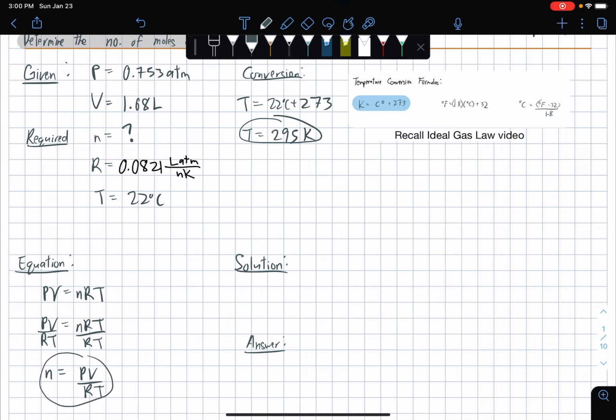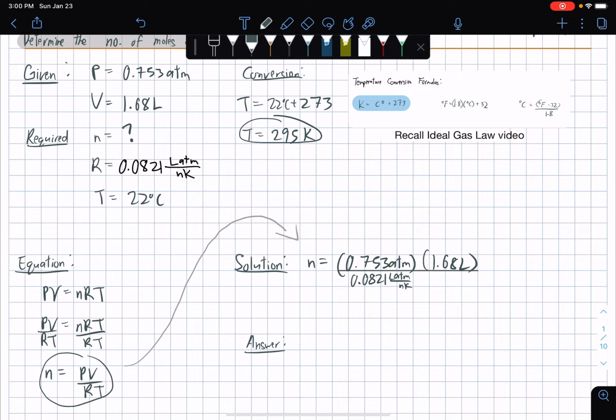This is our equation. Now let's move on to our solution. For our solution, let's substitute the values now. Pressure 0.753 atmosphere times our volume, which is 1.68 liters, all together divided by our gas constant 0.0821 L·atm over mol·K times our temperature, which is 295 K.